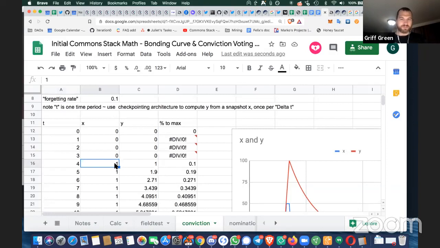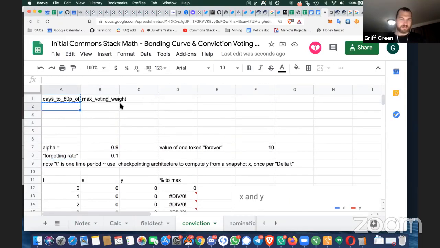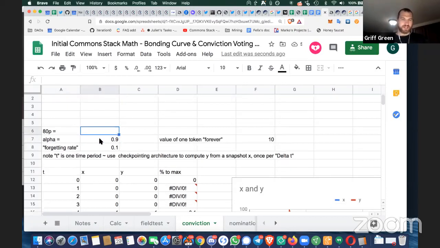we should be able to do some simple math here that says, if alpha is 0.9, let's call this ADP equals, and let's figure out how to do that. So alpha is 0.9.